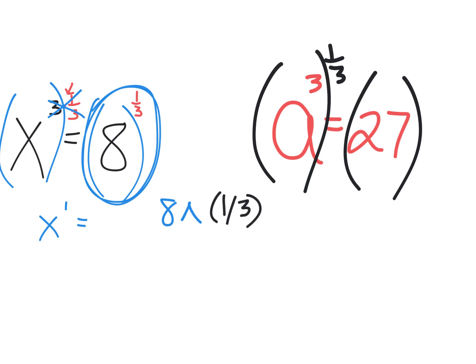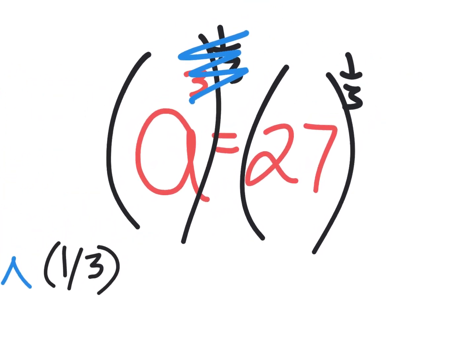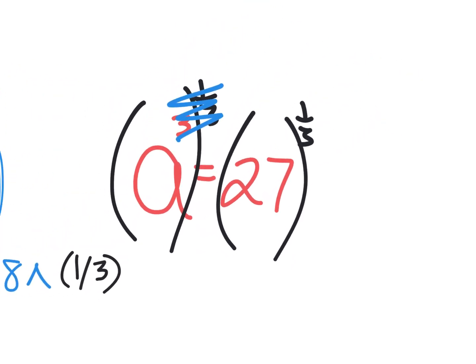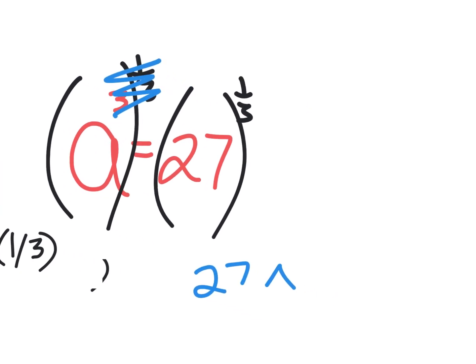Yes. And then your calculator can do 27 to the 1/3. Even your iPad's calculator can. Try to find the caret. It's going to be used a lot this unit. And put the 1/3 in parentheses. Try that. Everybody type that in on the calculator. You'll get a nice clean answer.